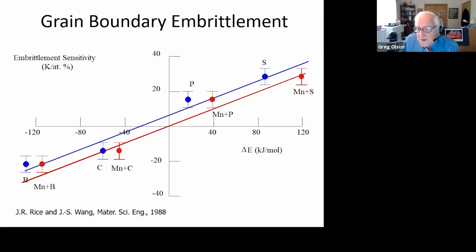Now, what I wanted to just touch on is there's also an important role of the surface thermodynamics. And this is a case where we made very good use of the DFT predictions. But what this chart is about is a correlation of the embrittlement potency of interfacial segregants against the segregation energy difference between free surfaces and grain boundaries.